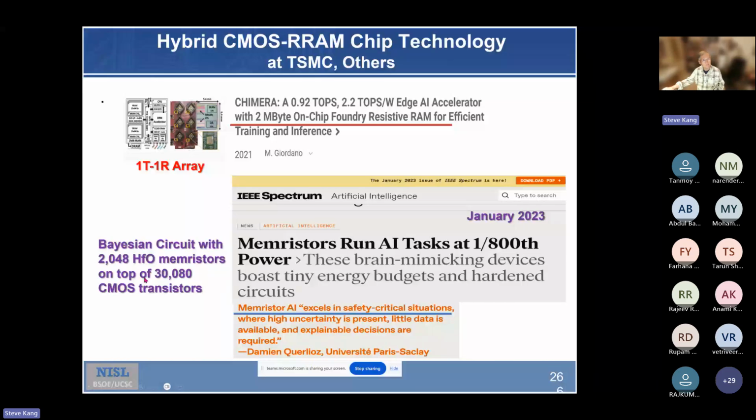So you embed this memristor circuit on top of a CMOS, and by doing that, the memristors run AI tasks. Power saving is almost 3 orders of magnitude, a factor of almost 1,800. That was published in January 2023 in IEEE Spectrum. So that shows really what has been done.